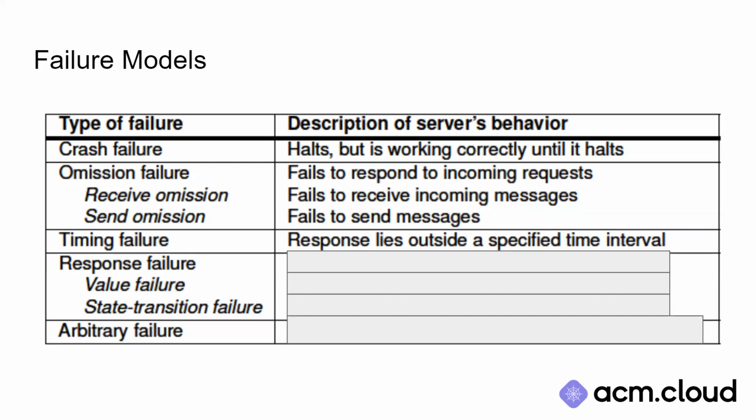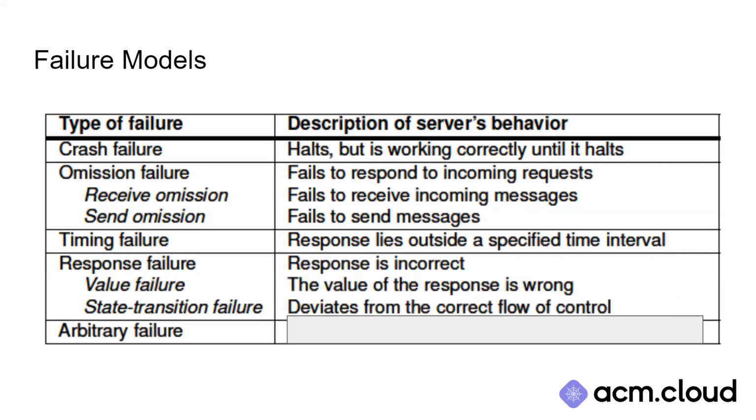And then for response failure, we have two types. The value failure corresponds to when your response is coherent, but it's not what you expect. Maybe it's supposed to have the next ID number in the series, but for whatever reason it skipped a number.